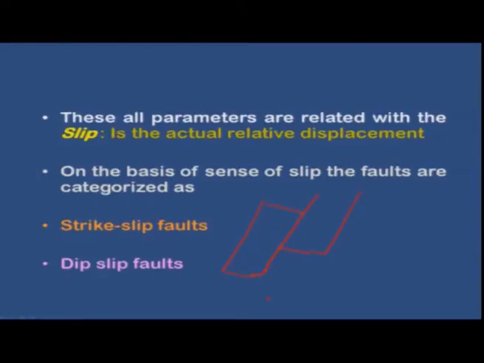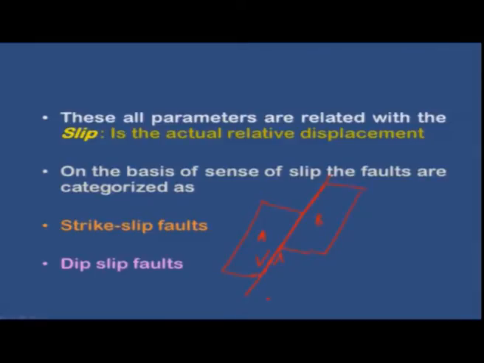So these are the two blocks, say A and B. The movement here, what we see is that this has moved by this amount, so you can make out in which sense the block has moved. Now this is along the strike, so this will be the strike of the fault. Here we are looking at the plan view.